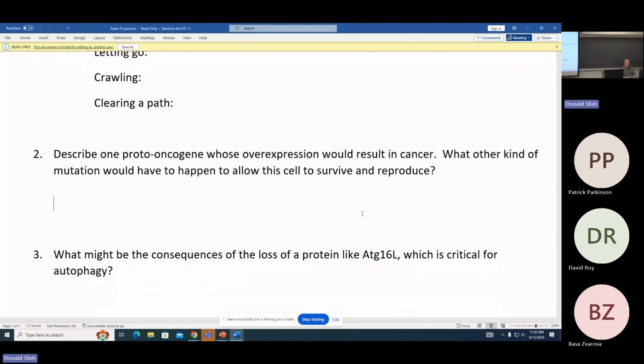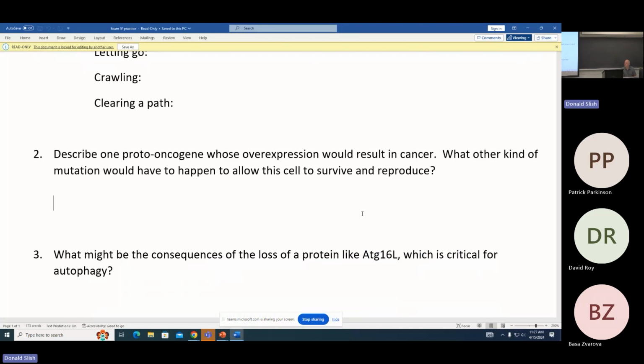What else are you going to have to do once you increase MYC for that cell to survive and become cancerous? Stop apoptosis. Okay, block apoptosis. How might you do that? What's a way to block apoptosis? Increase BCL2. That's one. So we're overexpressing MYC and BCL2. What else? Let's talk about this because there's tons of answers for this one.